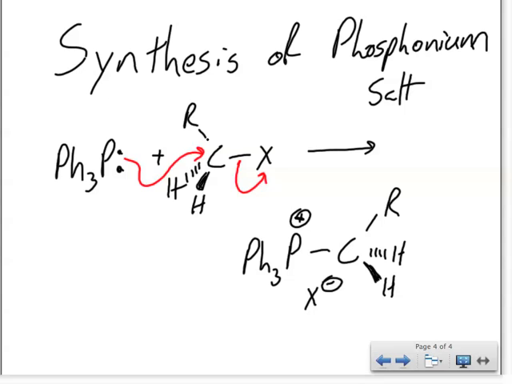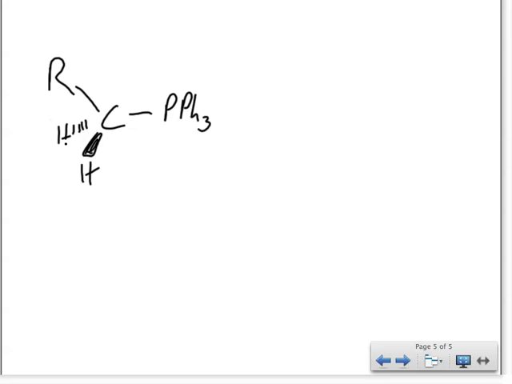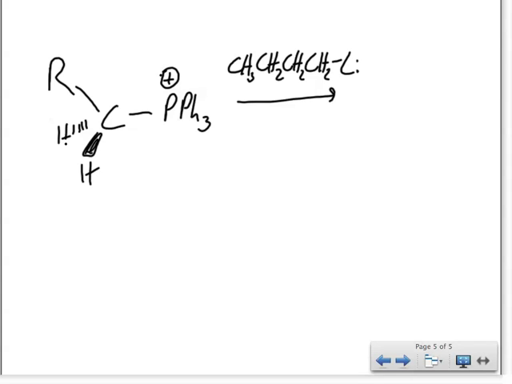Once we've done this, what we need to do is eliminate one of the protons. So the next reaction is reacting the phosphonium salt with a base. Of course, we're going to need a strong base. Normally this means a lithium base, and for this one we're going to use butyl lithium, CH3CH2CH2CH2Li.